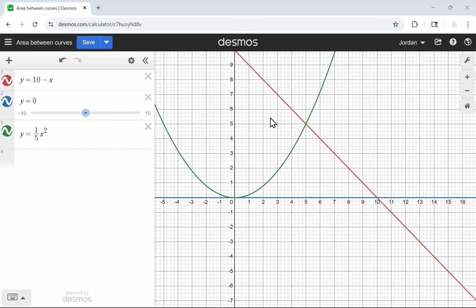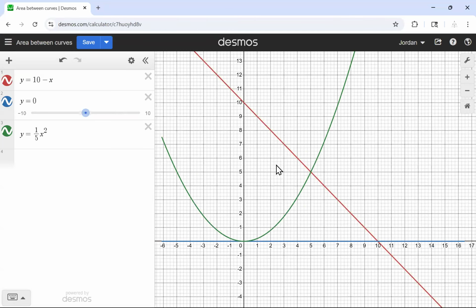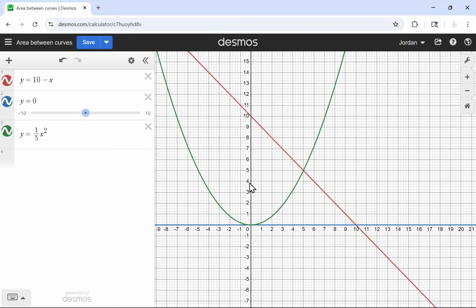All right, I've graphed these 3 curves. Now, don't get confused. The x-axis is the line y equals 0, so it's down here. Sometimes people misread this and say, oh, y equals 0, and they put the y-axis, and then it gives them this closed bounded region or this closed bounded region.